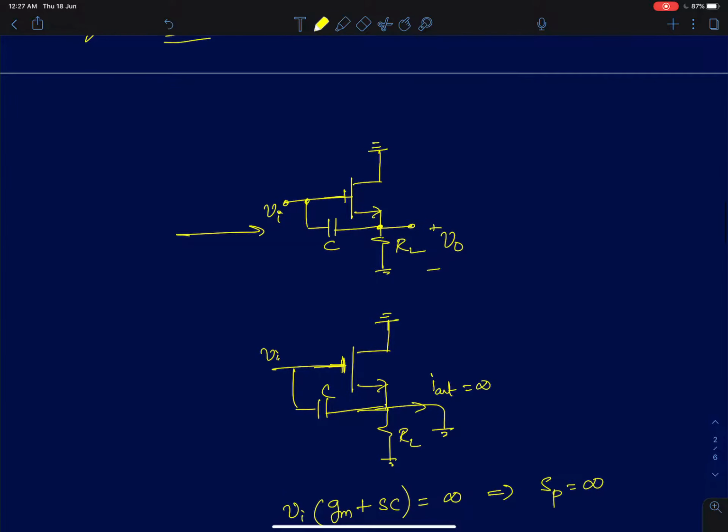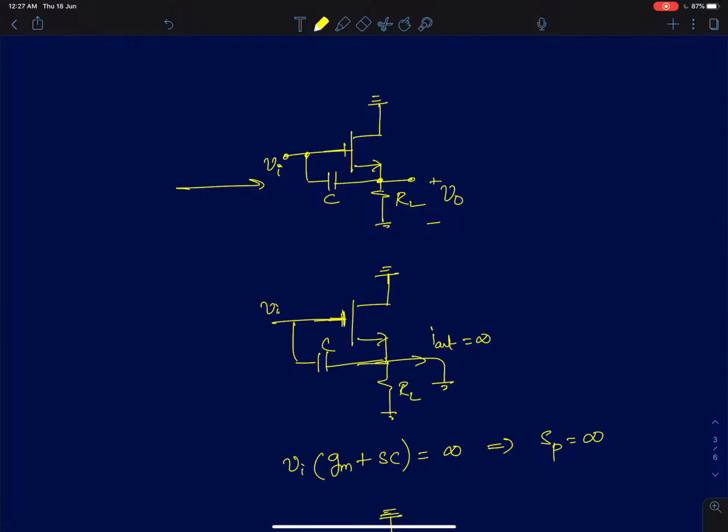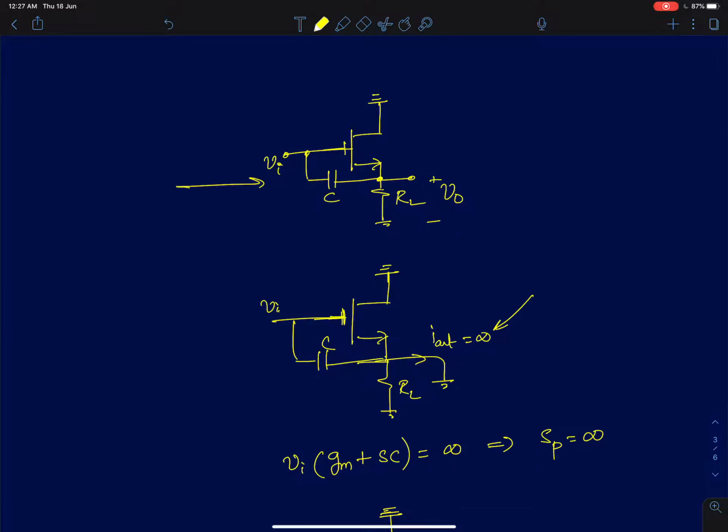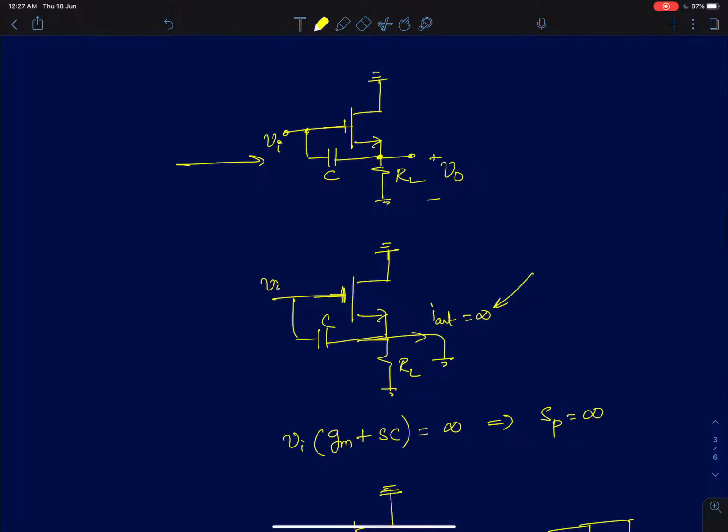So first I'll see if there is any condition. The first condition is using I out equal to infinity. If I out is infinity, the expression for I out will simply be Vi into (Gm plus SC). That's the sum of the two currents, which will be Gm Vi plus Vi into SC. Now if I want to equate that to infinity, that happens only at infinite frequencies.